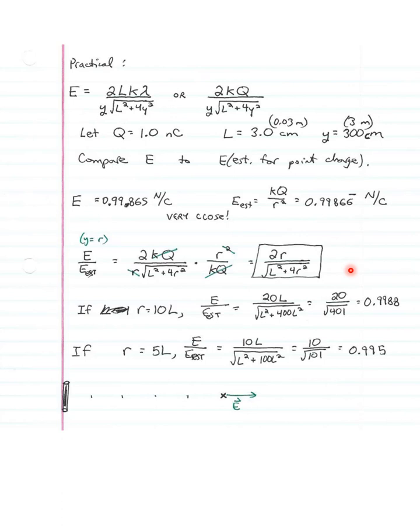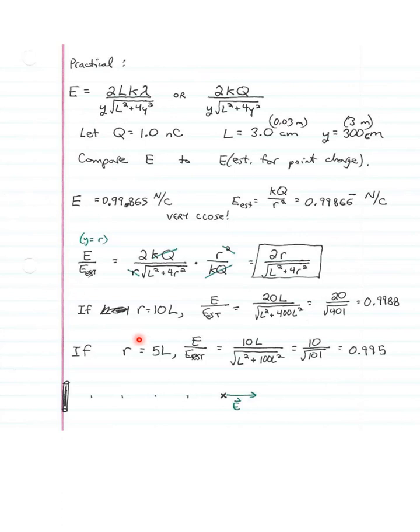What I'm looking for is, given a certain distance from our line, as we get a large distance away, how does the accuracy change? What is the ratio of the true value of the electric field to our estimated value with a point charge?